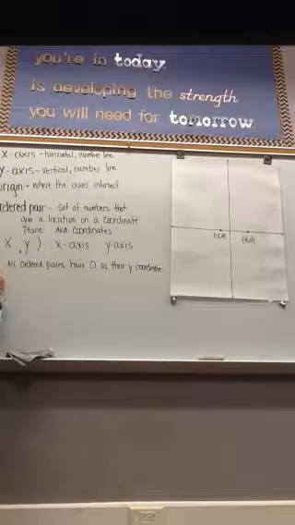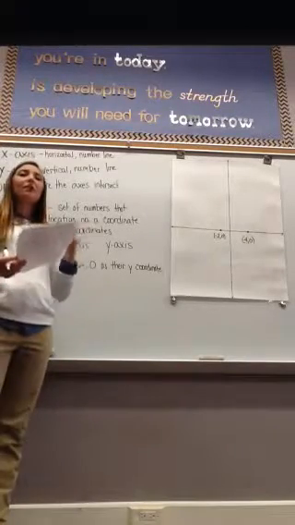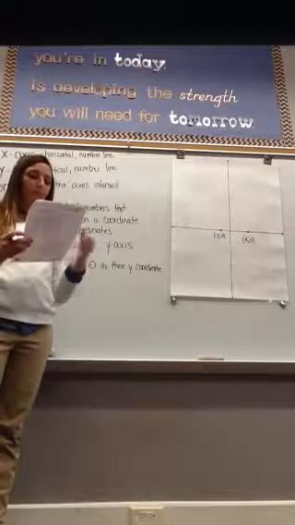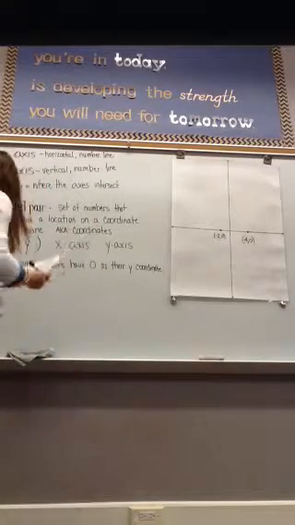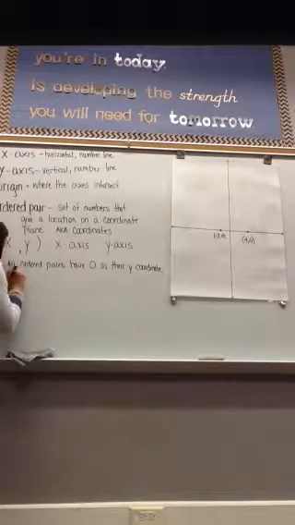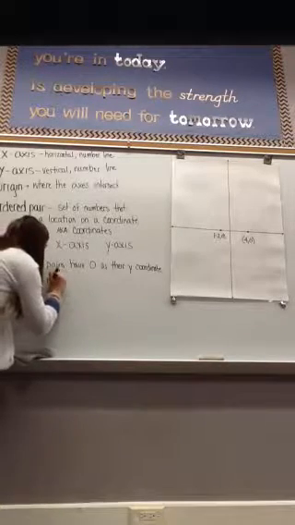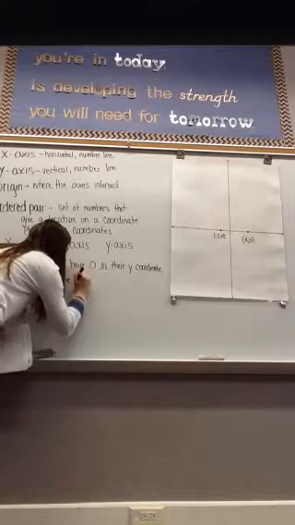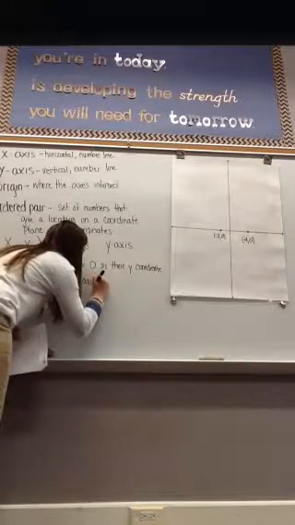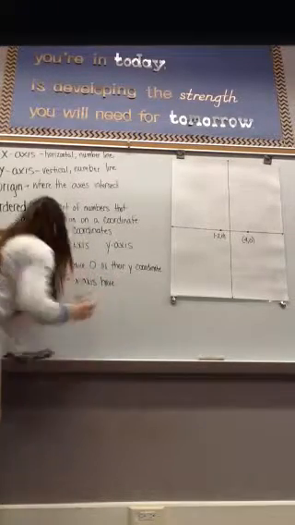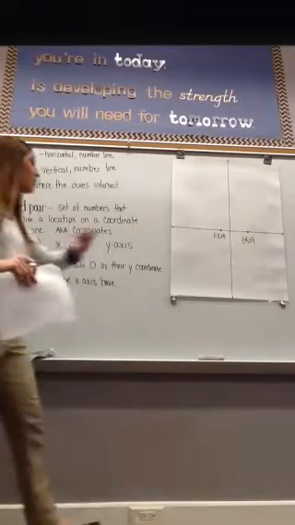So there we are going to state a rule. So I want a sentence that is the rule. So all points that lie on the x-axis, what? All points on the x-axis have what?